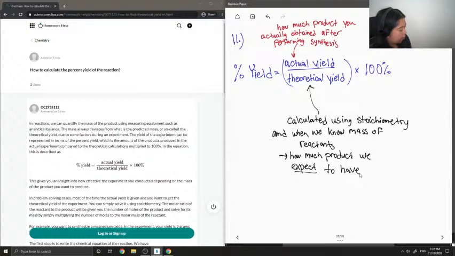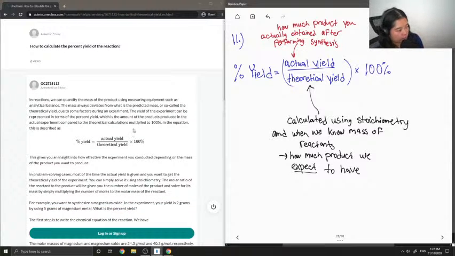Okay, so let's see what the junior tutor said. In reactions, we can quantify the mass of the product using measuring equipment such as an analytical balance. The mass always deviates from what is the predicted mass, or so-called the theoretical yield, due to some factors during an experiment.